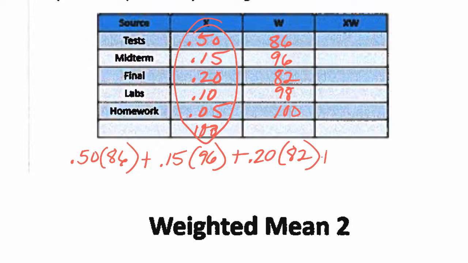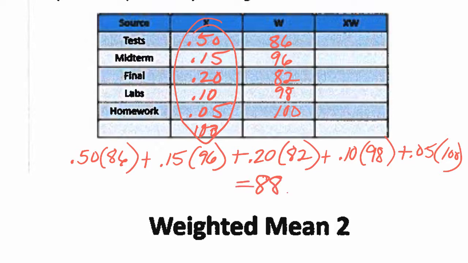I'm pretty sure you can do the arithmetic there. I'll tell you that the grade average that comes out is 88.6 whenever you do that calculation. So that'd be the average, which I guess would round up to 89.